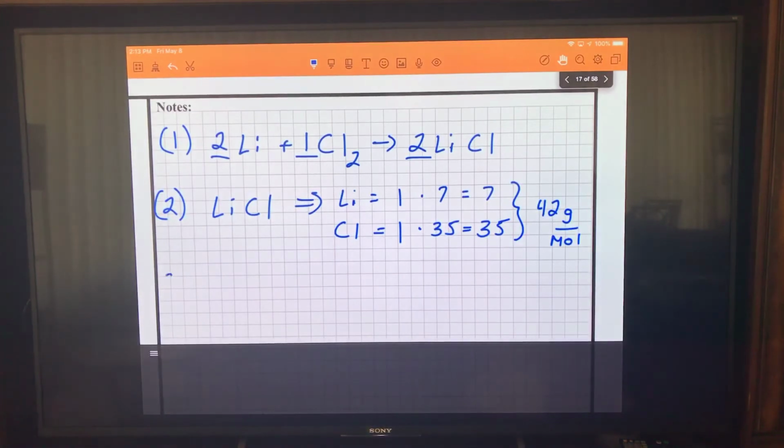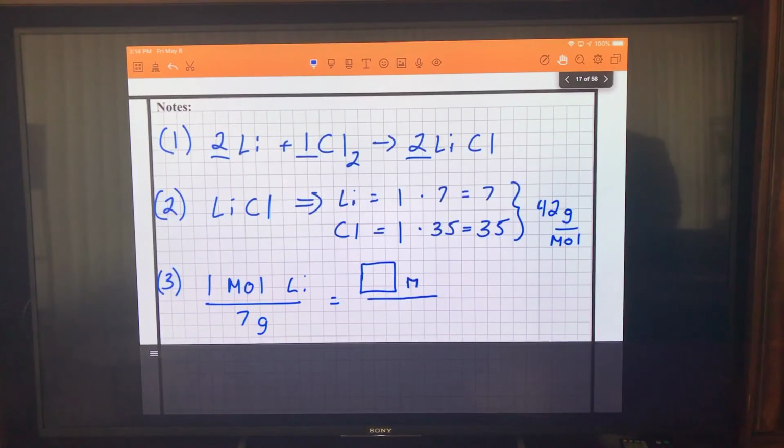All right, number 3. We're starting to get into it here where I have to do some conversions. In this case, I know 1 mole of lithium is 7 grams, and I want to know how many moles there are of lithium in 28 grams.